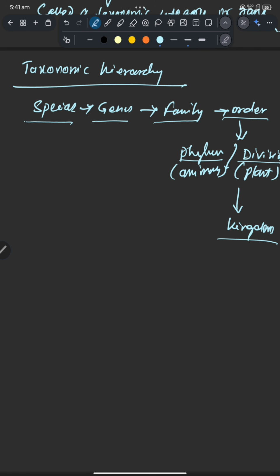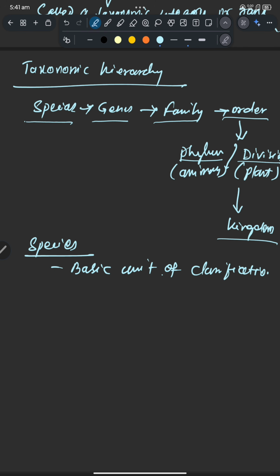So let us first discuss the species. Species is the basic unit of classification, very very important. Okay, and what are these species?